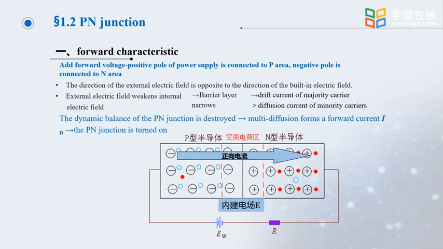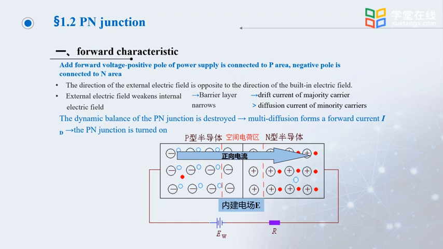First, let's look at the forward characteristics. The PN junction in this picture is a diode. Apply a forward voltage from the external power supply: the p-type area is connected to the positive pole of the external power supply, and the n-type area is connected to the negative pole. At this time, you can observe that the applied electric field is in this direction and the internal electric field is in this direction.